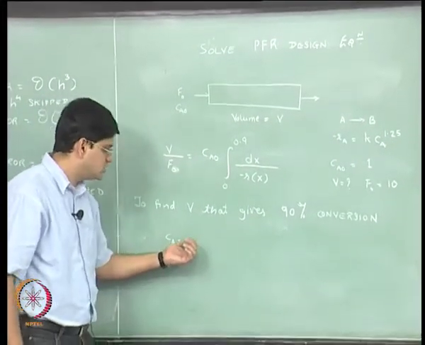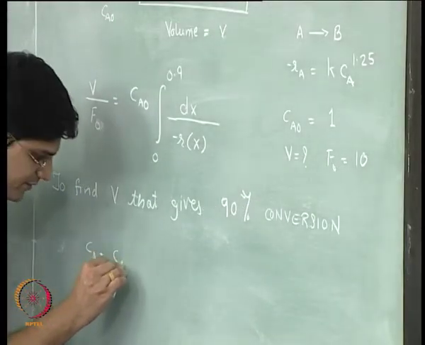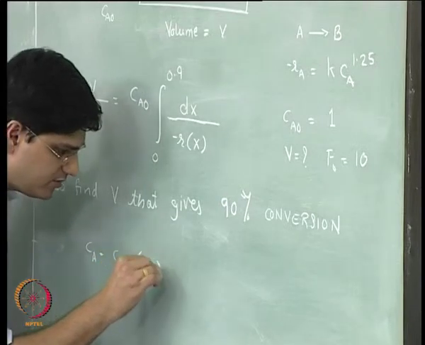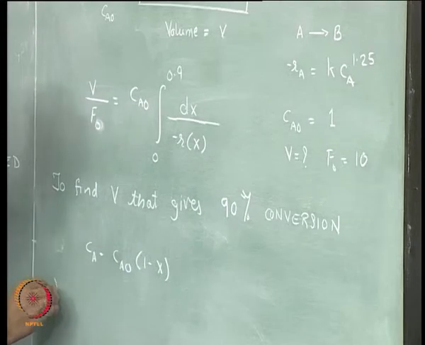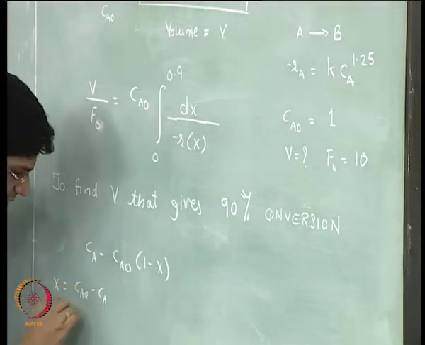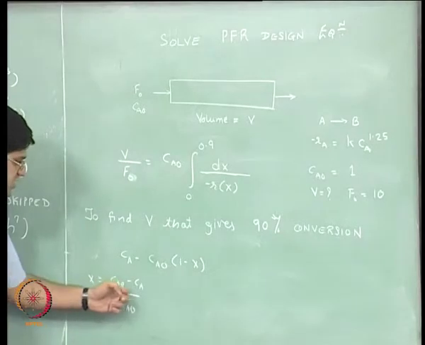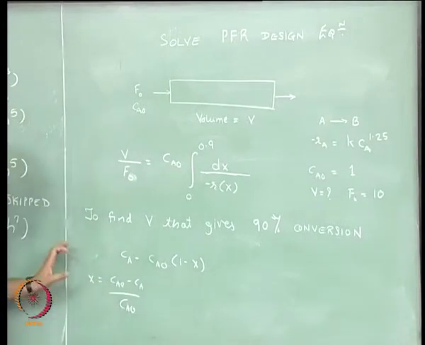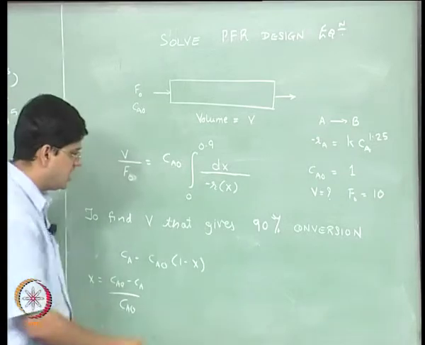Okay. So Ca is going to be Ca naught multiplied by 1 minus conversion. That comes essentially from the definition of conversion, which is Ca naught minus Ca divided by Ca naught. So you multiply Ca naught over here, and you will get Ca naught x equal to Ca naught minus Ca, or Ca equal to Ca naught minus Ca naught x, which is essentially this.